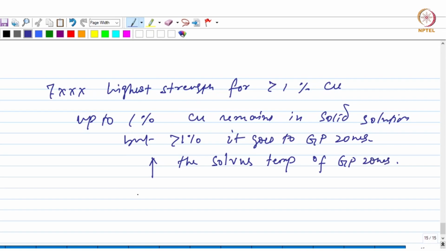And of course, as the aging continues, the copper atoms also join the precipitate that forms. It also gives rise to a significant improvement in the stress corrosion resistance.